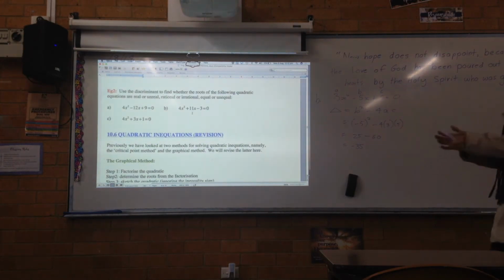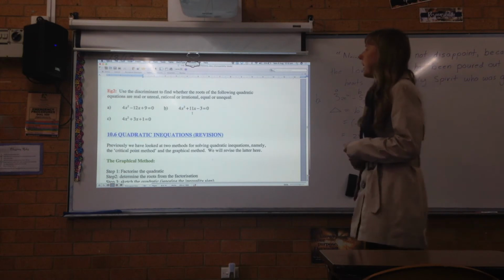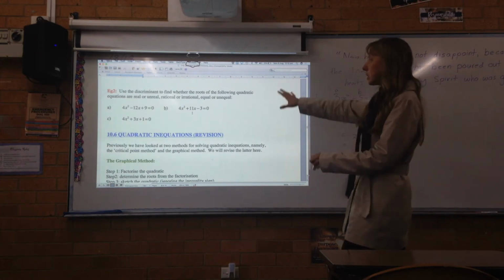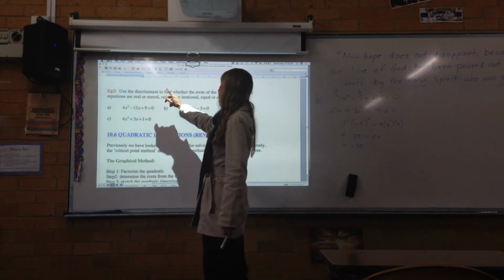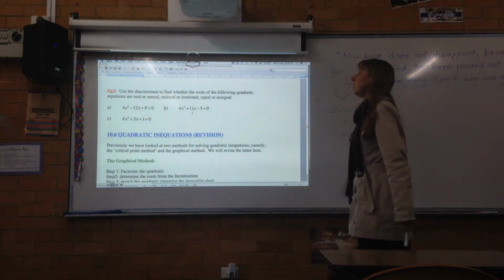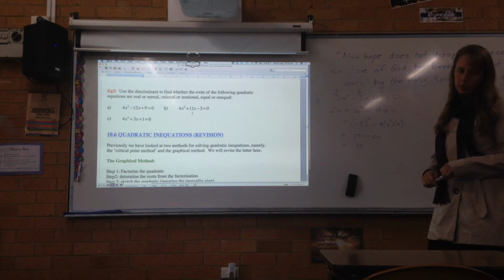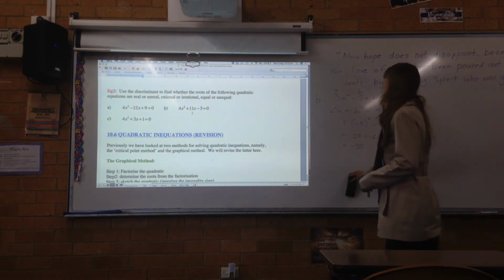Okay, well, we're now going to use the discriminant to find out whether the roots of these quadratic equations are real or unreal, rational or irrational, equal or unequal. So let's give it a go.